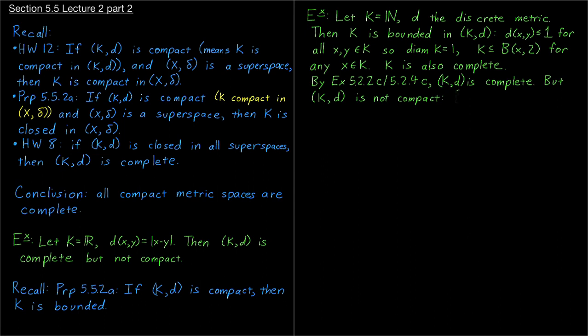The set of all balls centered at a point of radius 1/2 is an open cover with no finite subcover. So it looks like being complete and bounded is not enough to be compact.